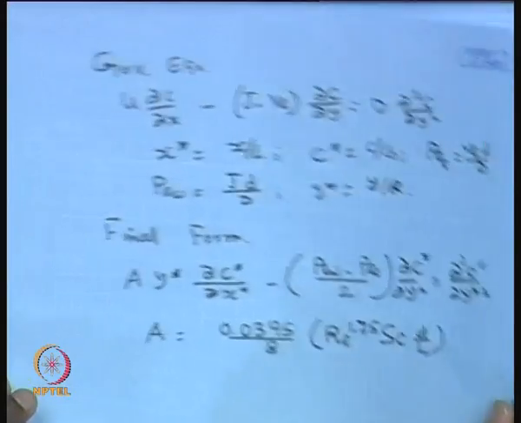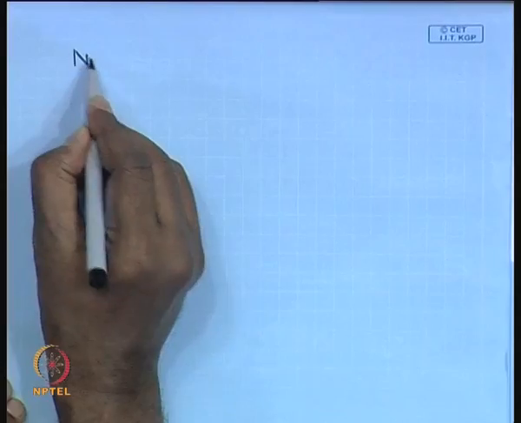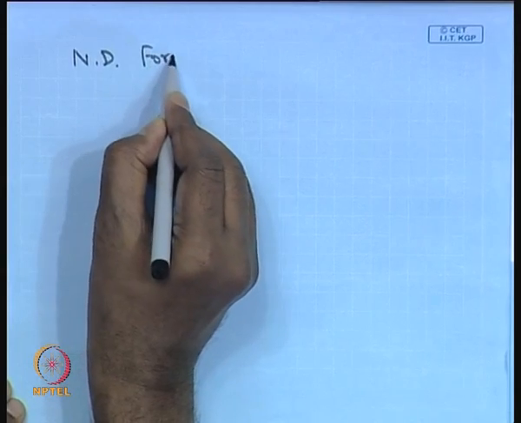Now, with the non-dimensional governing equation, you must have the non-dimensional form of boundary conditions.